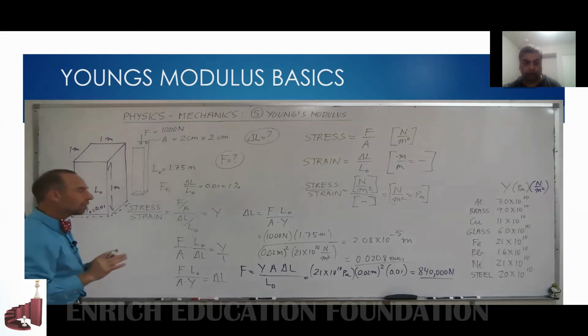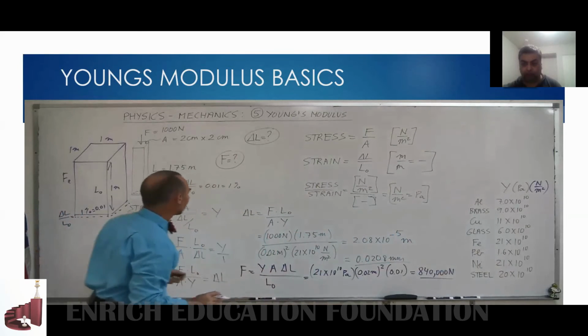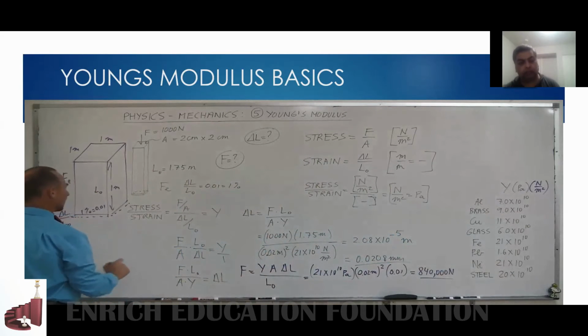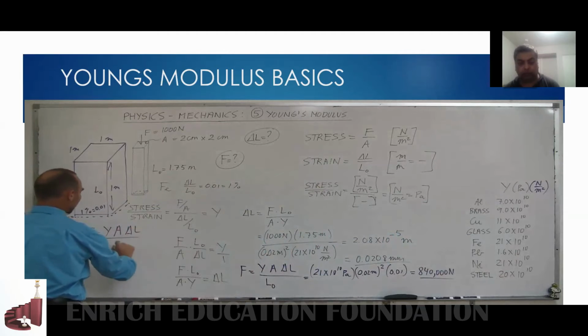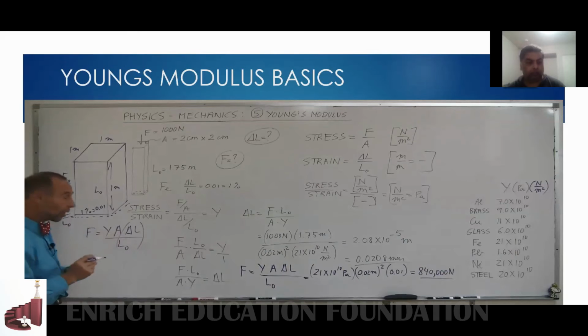I think once we do that, you have a very good idea of how to look at these moduli. Again, we're going to take the force. Force is equal to Young's modulus times the area times delta L divided by L sub naught. But again, delta L divided by L sub naught is 1%, and notice that my cross-sectional area is now 1 meter squared.